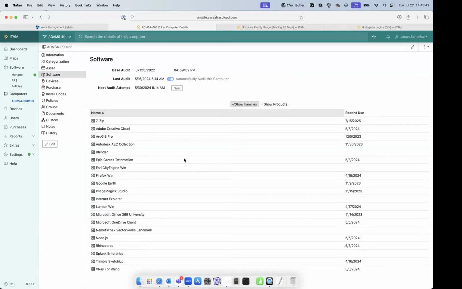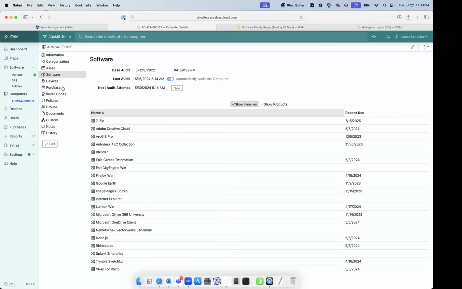And you don't have to come back every time a new version comes out and add it to the list. And then we can also track SaaS products as well. So the ability to not just track the installed applications, but also the web-based products that your users might be accessing and logging into. There's the ability to track those as well.